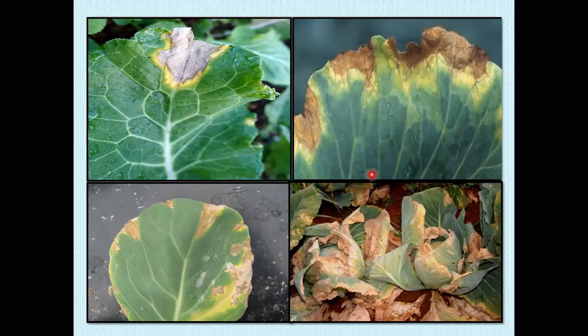Okay, then this infection can also be seen on the mature plant. The bacterium becomes systemic in growing cruciferous crops and produces symptoms. The symptoms start from the margin of the leaf.